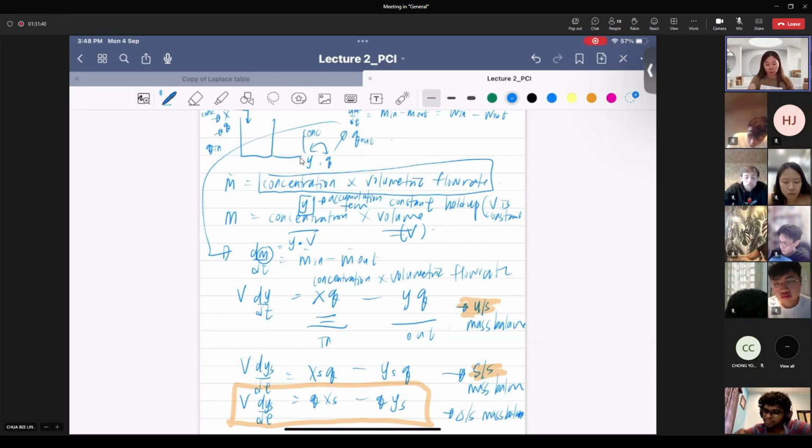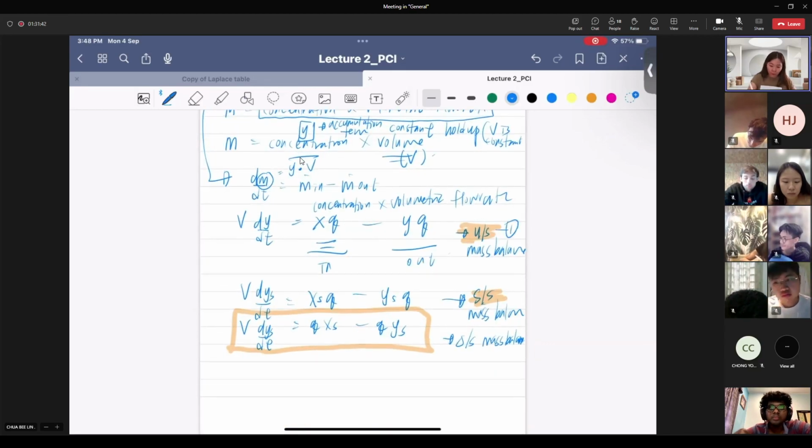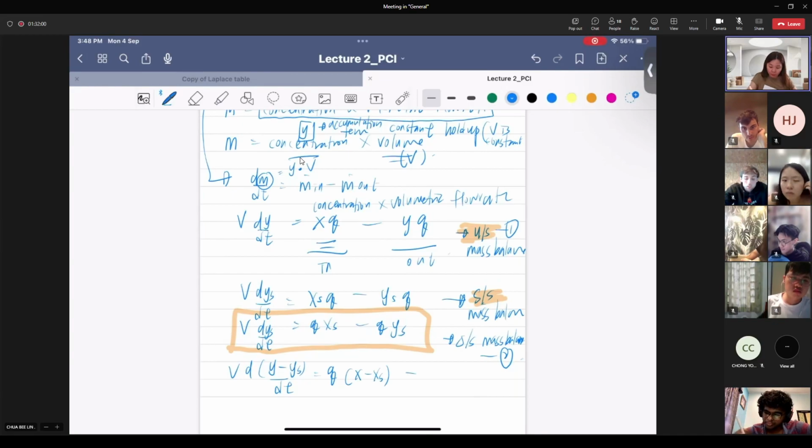Then repeat the same. You are using equation 1 minus equation 2. So equation 1 is V d(Y minus Ys) over dt equals Q outside, then (X minus Xs) minus Q(Y minus Ys). So this is unsteady state mass balance minus steady state mass balance, equation 1 minus equation 2.